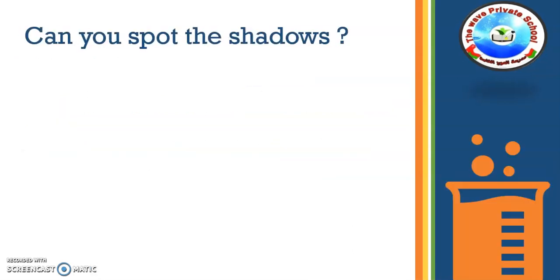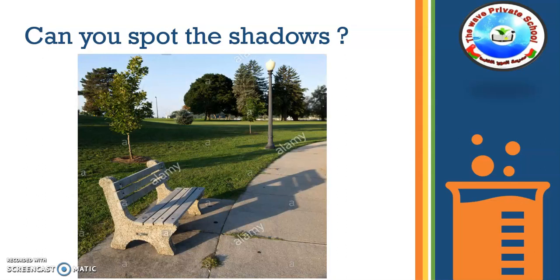So, I want you to spot the shadows in the following pictures. So let's take a look at the first picture here. So this is at the park. So where are the shadows here? Of course, the dark area. So exactly this one, this one, this one, and this one. There are a lot of shadows here formed by the objects.